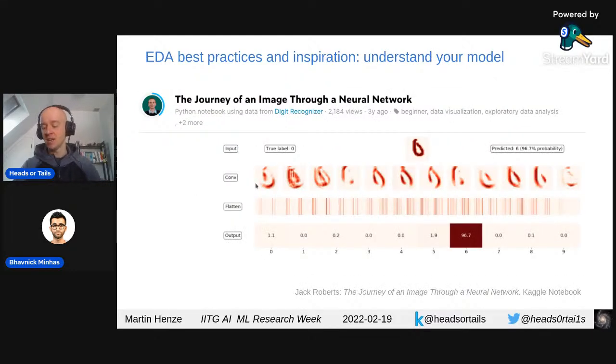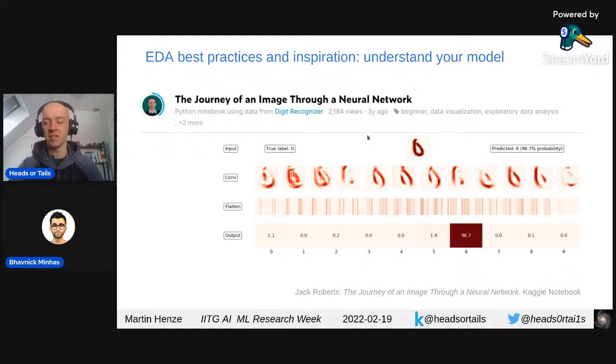And finally, to trace an arc from the beginning to the end of this talk, which is happening now, you can study your model itself through data visualization. This is a criminally underrated notebook on Kaggle, still, even after being featured in my Hidden Gems, where the author takes us on the journey of an image through a neural network.